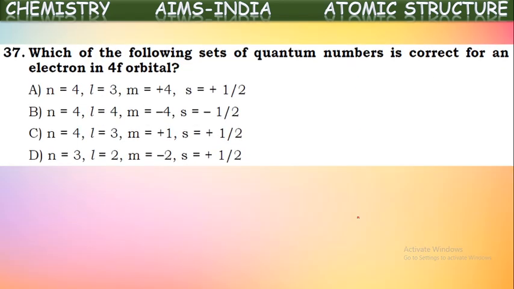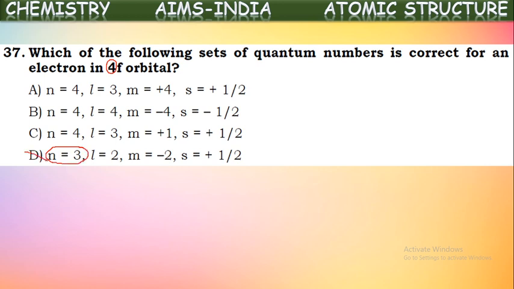Next, which of the following sets of quantum numbers is correct for an electron in 4f orbital? So for the electron in the 4f orbital, if you read the quantum numbers, what will be the n value? N value should be 4 because it is in the fourth shell. So n value should be 4. So here n value given 3.